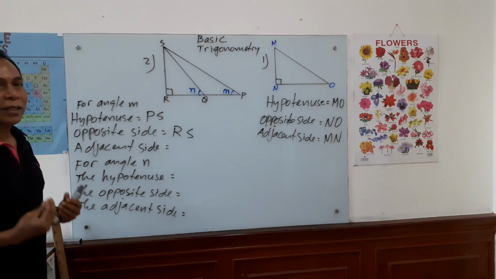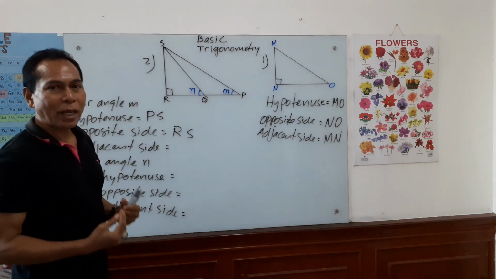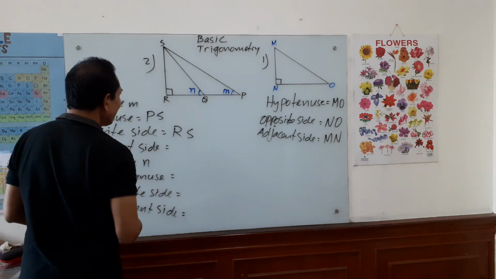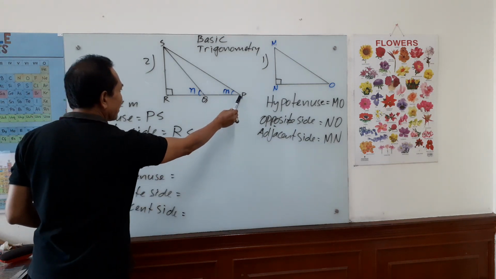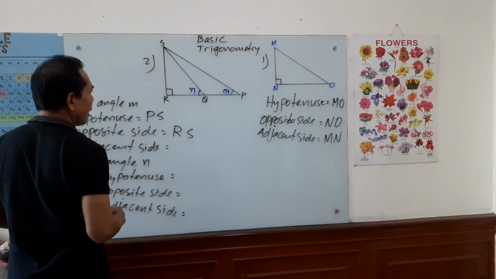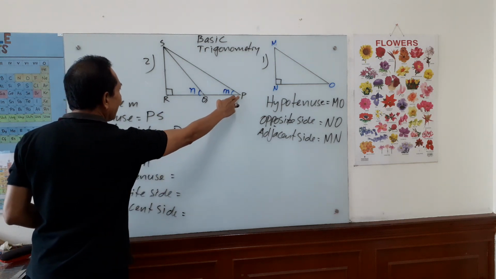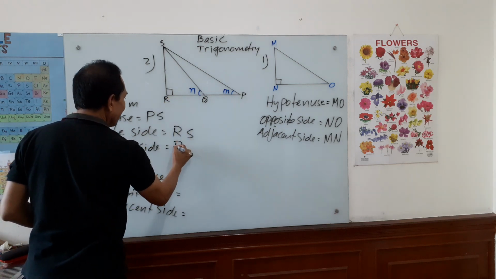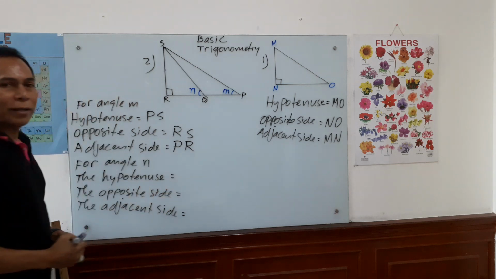Adjacent means stand side by side or near. The adjacent side is, we look at this side here, from P all the way to R. So we put here PR.